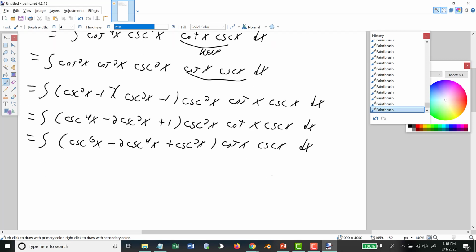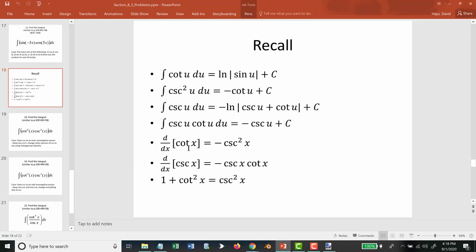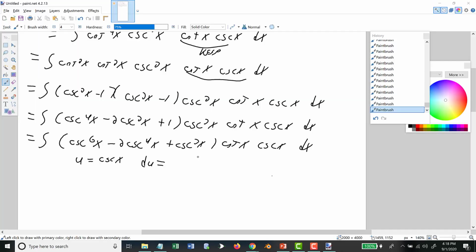So if we let u equal cosecant x, I'm specifically talking about the cosecants in here, du from my formula is negative cosecant cotangent dx. We got the cotangent, we got the cosecant, we got the dx. The only thing that's missing is a negative. Put a negative there, negative out in front.